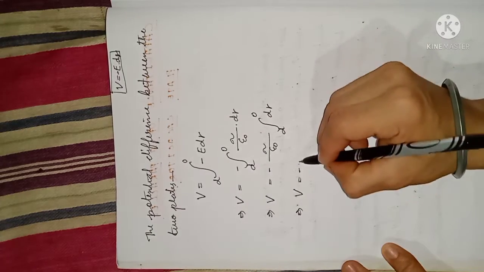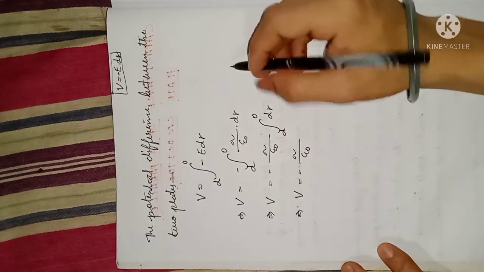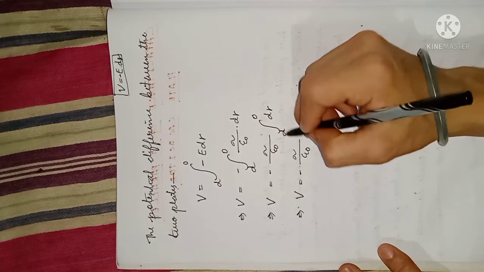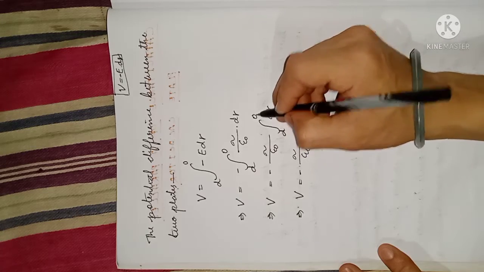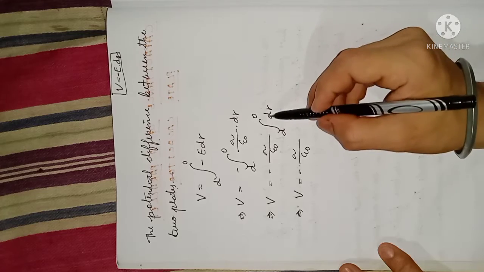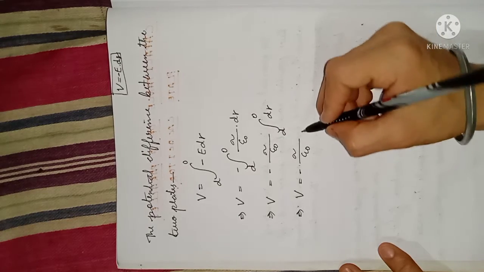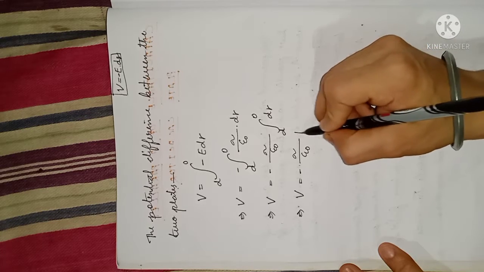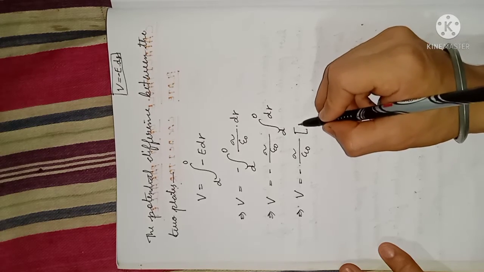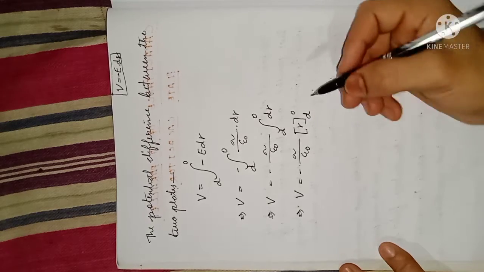If you don't know, I'll explain now. The integration of dr is just r, with lower limit d and upper limit 0.